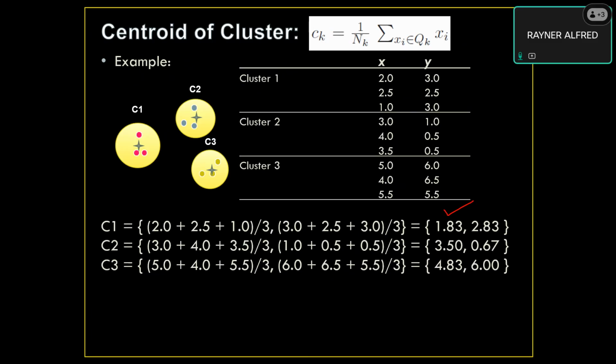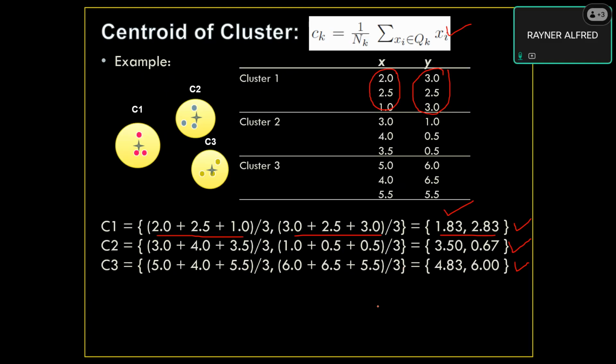Okay, the first thing that we need to do is find the centroid. How do we find the centroid? We take the average of each of these and we can get the centroid for each cluster. So we add up all these values, divide by 3, and we get the centroid.